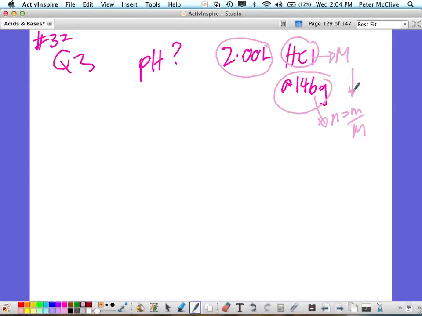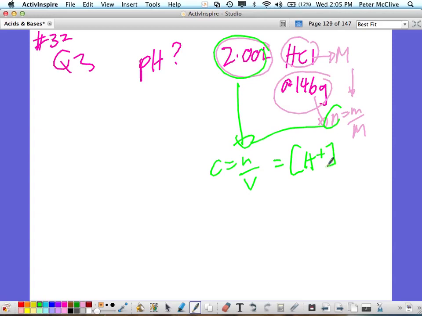Then we can use litres, so volume and moles, to get a concentration, in moles per litre. That gives us the concentration of hydrogen ions, and then we can work out the pH. It's minus log of whatever that is. Done. There's no answer there, it's just an approach.